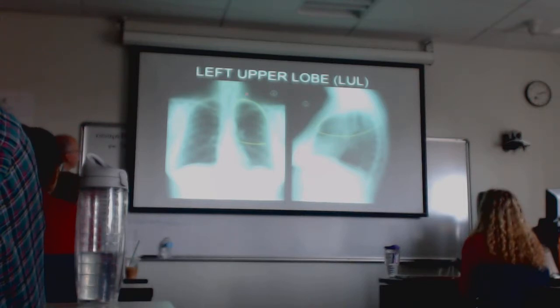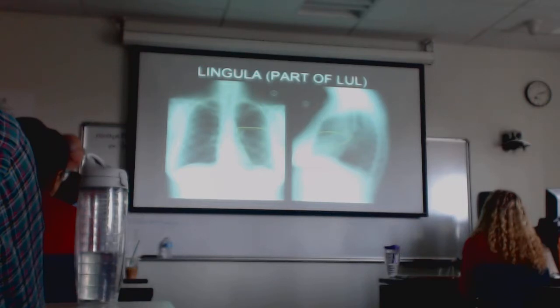It occupies the upper half of the chest. It also goes from anterior to posterior. If you go further posterior, the left upper lobe is higher and higher. In the left lung, there are only 2 lobes.